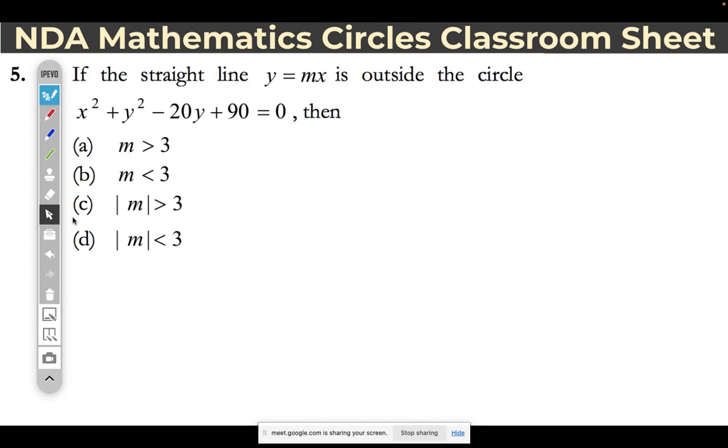Next. You know it. When a line is outside the circle, what should happen?